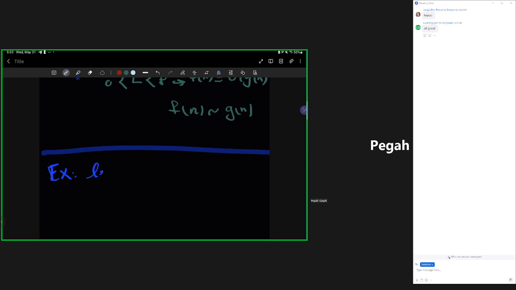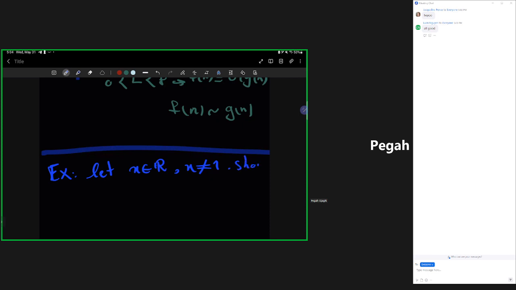So I want to solve this question. I think I wrote it yesterday, and I asked you to think about it yesterday too. Okay, let x be in R, x not equal to 1.